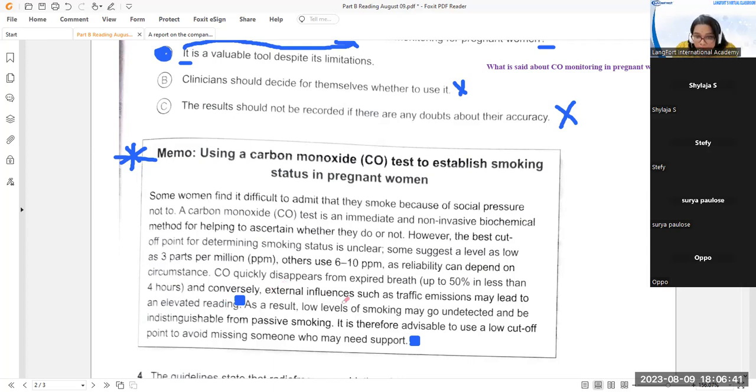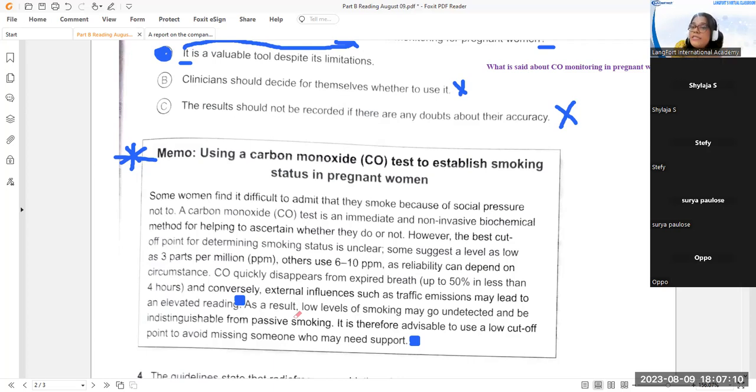Taking all these things into consideration, imagine the person is a low-level smoker. That can often go undetected, and we cannot clearly say whether a person is a low-level smoker or a passive smoker. Why? Two things. One, CO quickly disappears from someone's system.